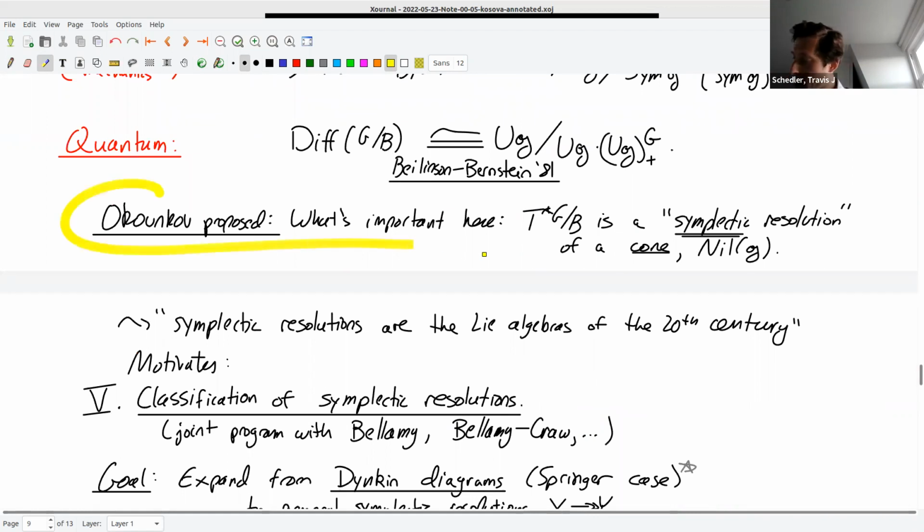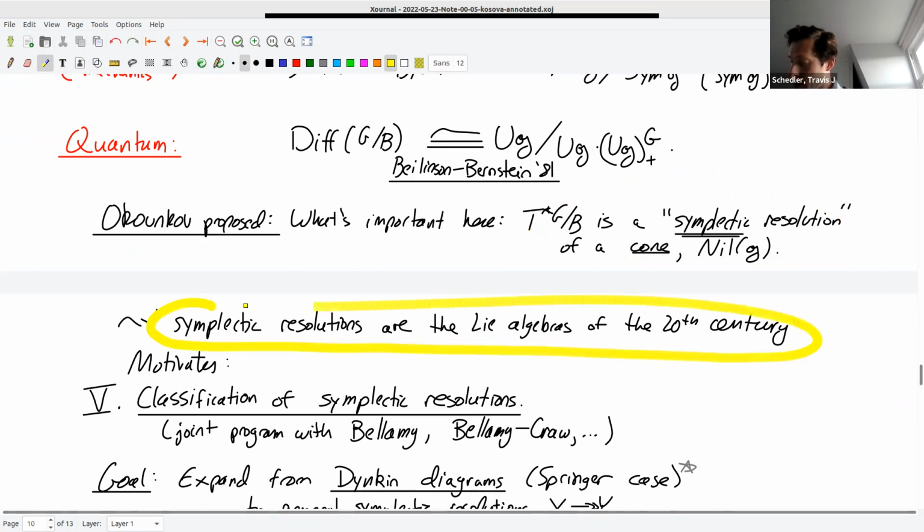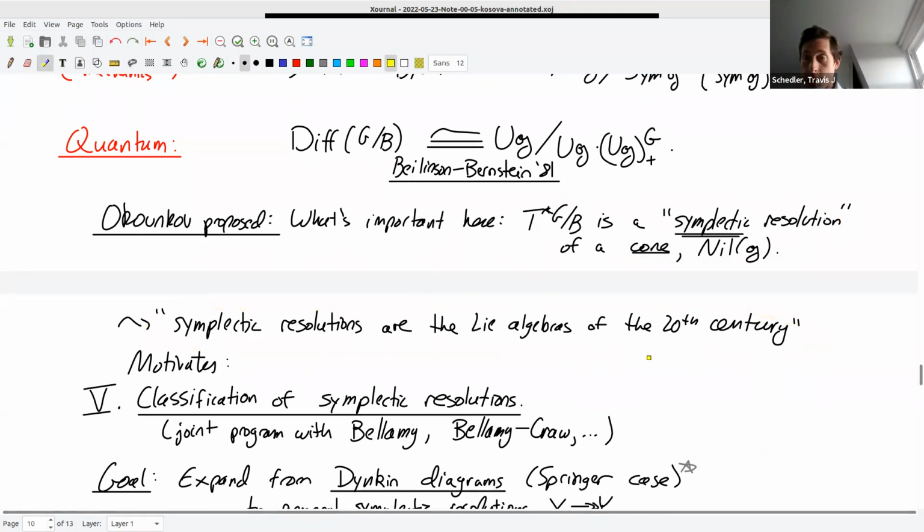And then Andrei Okounkov, responding to all of this, realized that you could get all of the representation theory, all of the interesting algebraic structure of symmetries, the basic building blocks of all linear symmetries, out of a very special geometric construction called a symplectic resolution. He made this famous quote: "The symplectic resolutions are the Lie algebras of the 21st century."